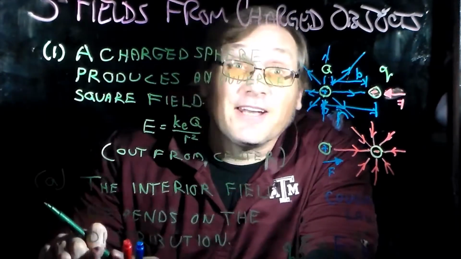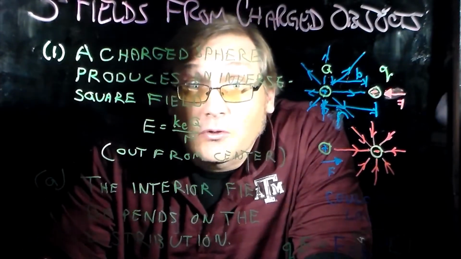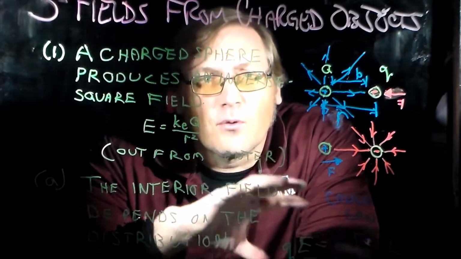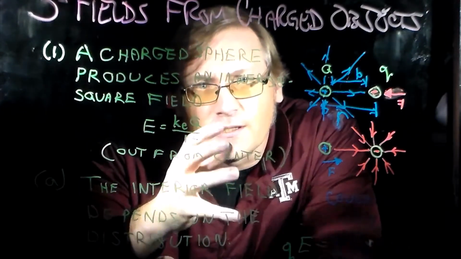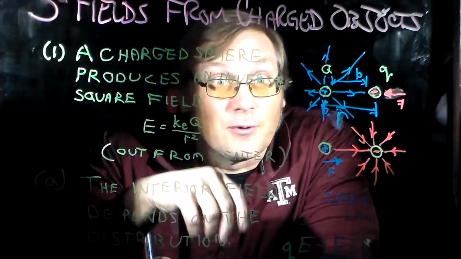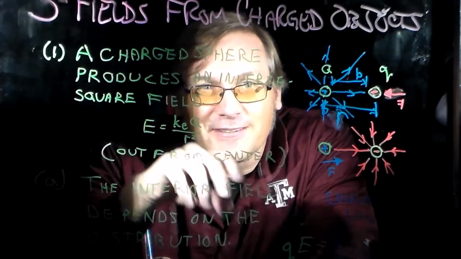So, depending on what the distribution is, it can be almost anything. But probably one of two things. If the charge is all on the edge, like it is in a metal, then actually what happens is there's no field on the inside. It's really awesome. There's no field on the inside.